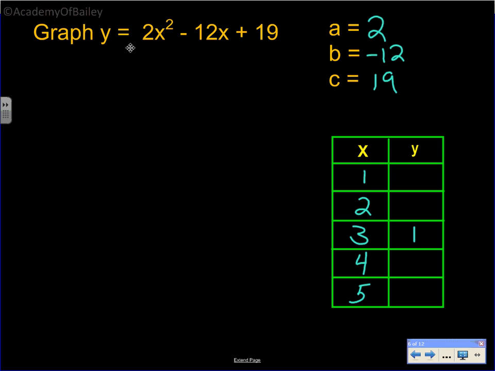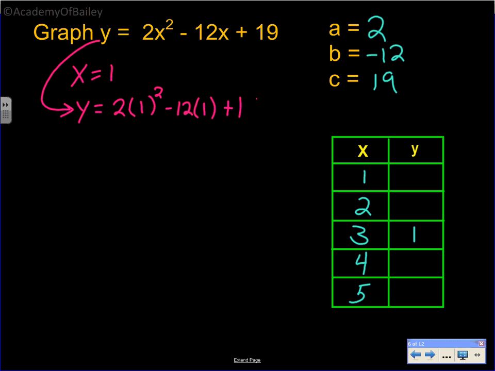I'm going to use x equals 1 first. So if x is equal to 1, what's y going to be equal to? 2 times 1 squared, coming from that quadratic function, minus 12 times 1 plus 19. X is equal to 1, that's why I'm substituting it in for x.